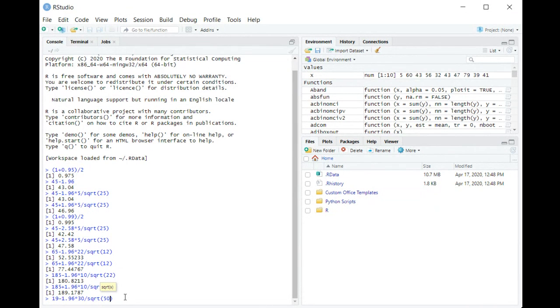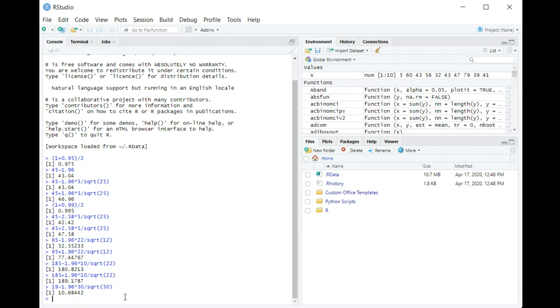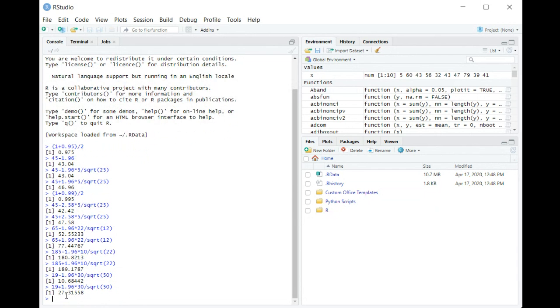Okay, so it's going to be 10.68, and again up arrow, and I'm just going to do the same thing here, plus, and the other range is 27.31. There you go.